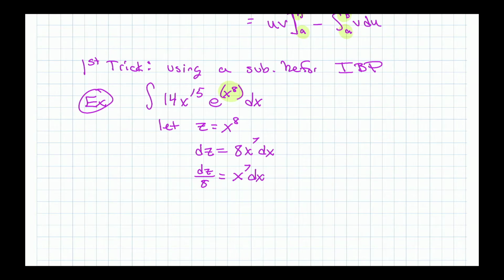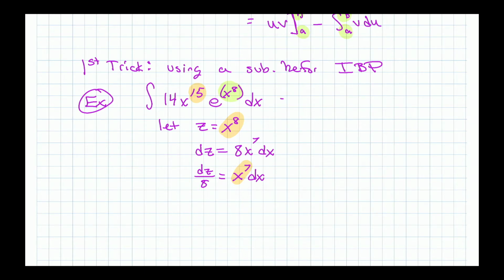Now look at what we've got here. You probably didn't notice because there's not a reason to, but in your dz, you have an x to the 7th, and in your z, you have an x to the 8th. And magically, the x to the 8th and the x to the 7th, if you combined them, 8 and 7 turn into a 15. And that is what is going to let us do this trick.